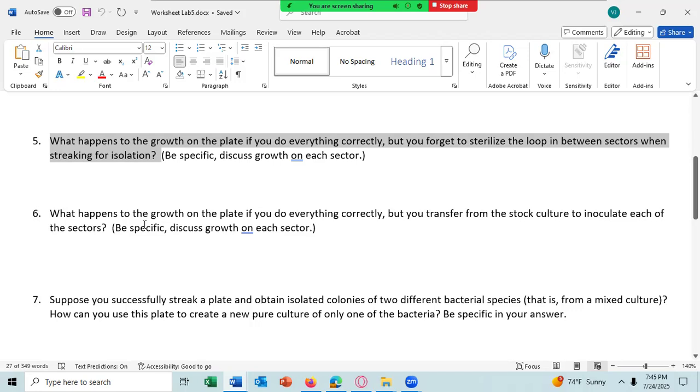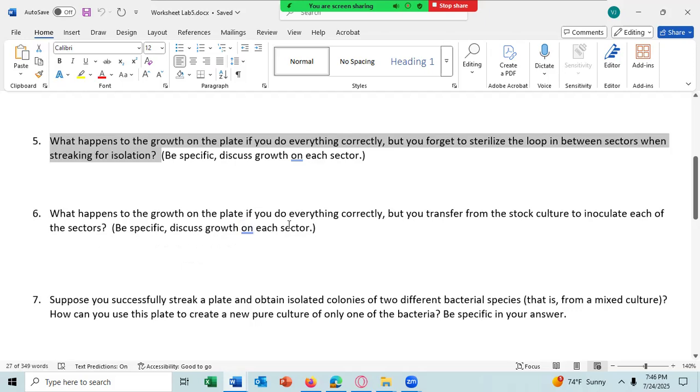All right, number 6, also a thinking question. What happens to the growth on the plate if you do everything correctly, but you transfer from stock culture to inoculate each of the sectors? You need to be specific, discussing the growth on each sector.